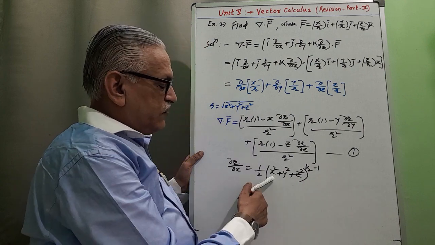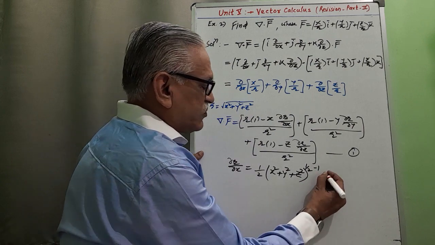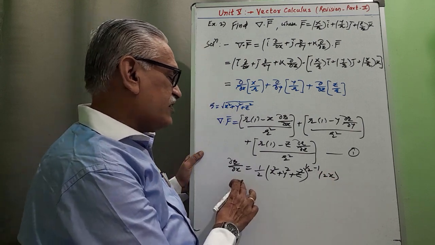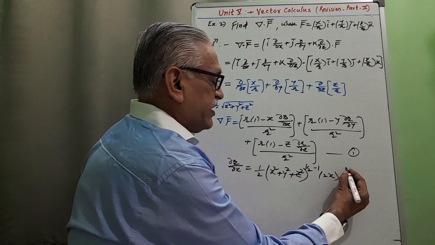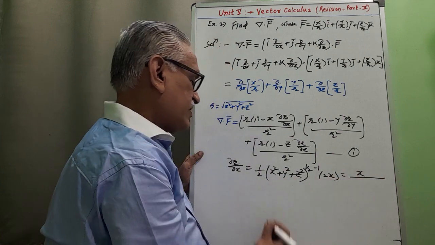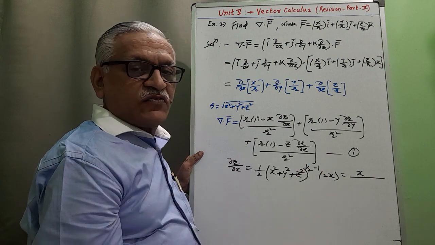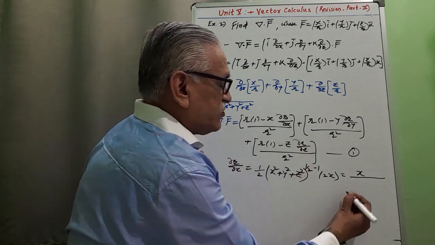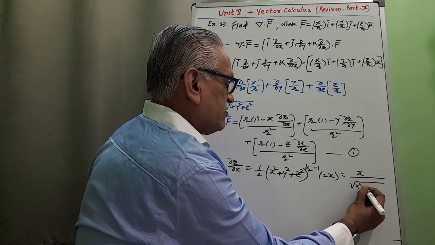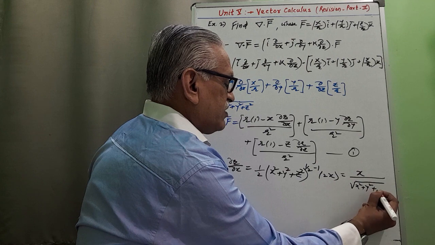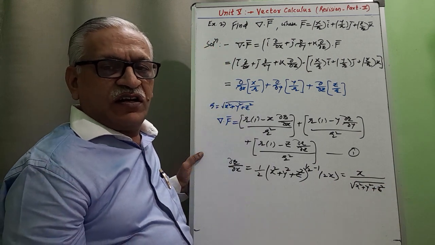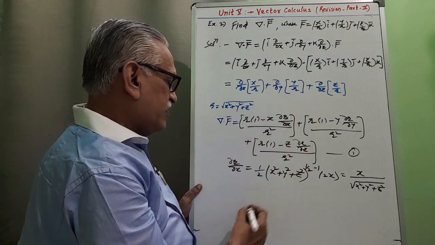And by chain rule, differentiation of these three terms with respect to x is 2x. And therefore, 2 gets cancelled, and we get the result as x divided by, 1 by 2 minus 1 is minus 1 by 2, transferring it to the denominator, root of x square plus y square plus z square.